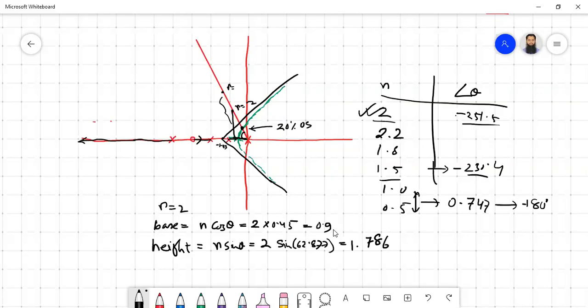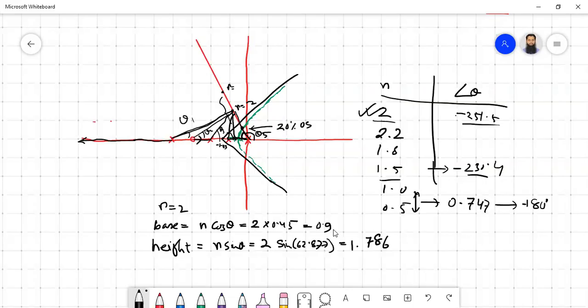The rest of the thing is as before. You have to draw the line to measure the angle from each and every pole and zero to that particular point. So this one and this one as well. Say this is your theta 1, this is your theta 2, this is your theta 3, then this is your theta 4, and this one is your theta 5.